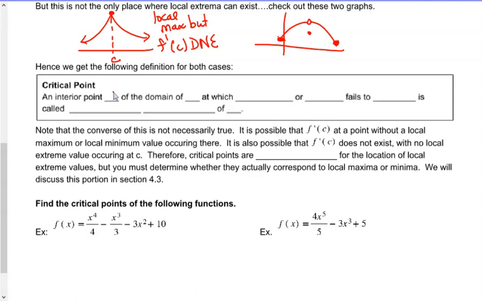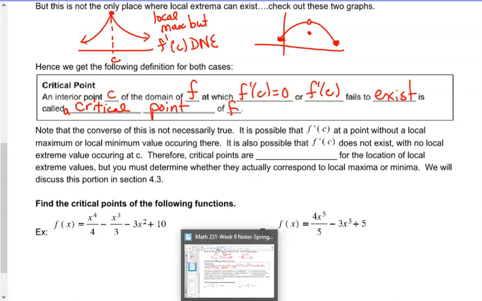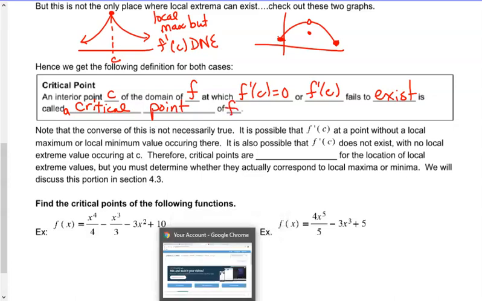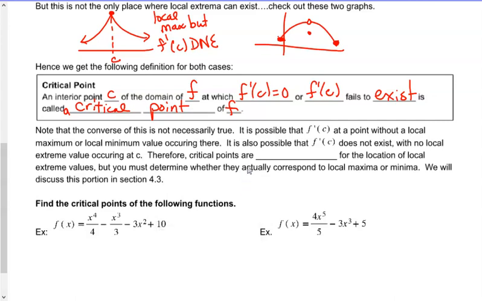So we're going to say that an interior point c of a domain of f at which f prime of c equals 0 or f prime of c fails to exist is called a critical point of f. So we have a critical point of f where our derivative equals 0 or where our derivative does not exist.